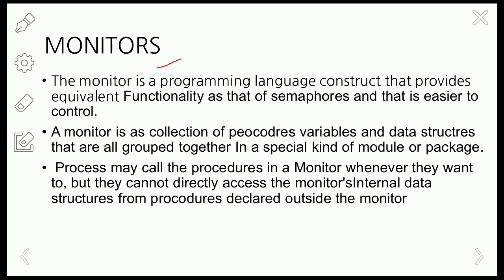It provides equivalent functionality to semaphores. In semaphores we use two types of operations, wait and signal. Those two types of operations we are going to perform in monitors also, but there will be some difference between monitors and semaphores.